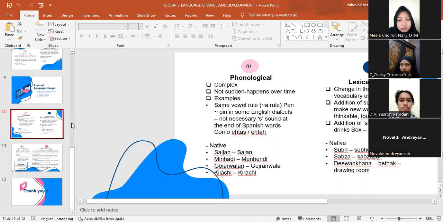Native examples: Comes atas or etah, sajan and sajan, min hadi and min handy, Gujarwalan and Gujranwala, Kirachi and Kirachi.